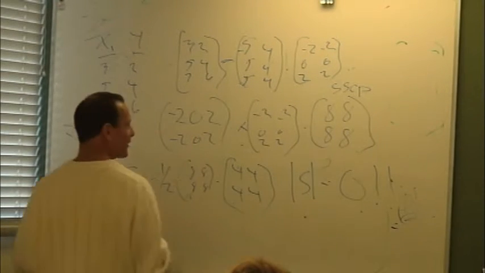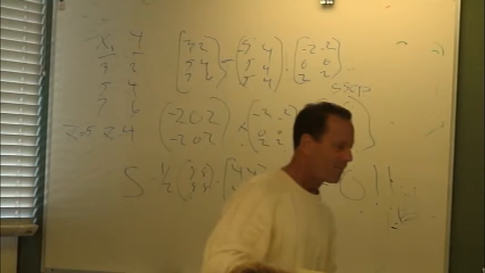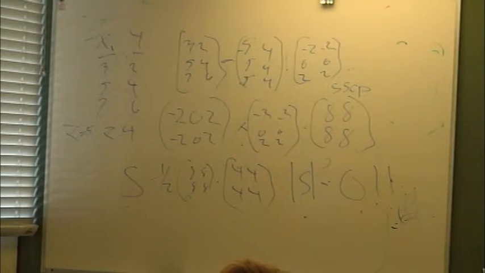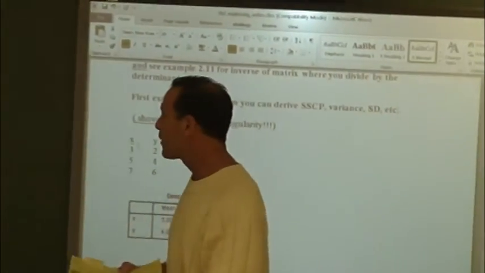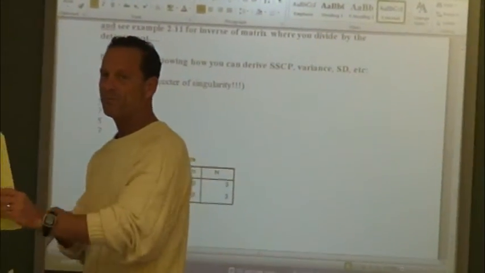This is a perfect example of the worst thing to go wrong: singularity. Remember multicollinearity from correlation? Someone remind me what multicollinearity means. What does it mean when you have multiple variables and you predict an outcome? There's high overlap, low, no overlap. What if they're perfectly overlapped?